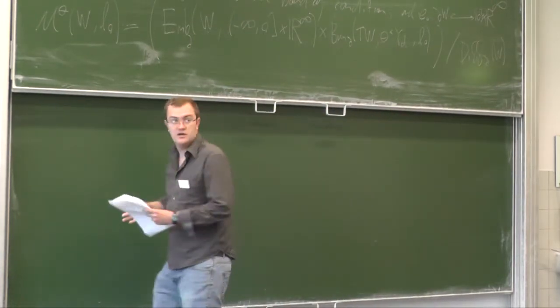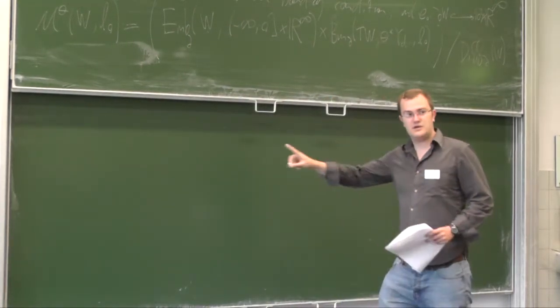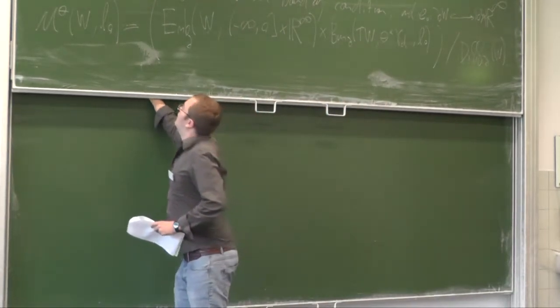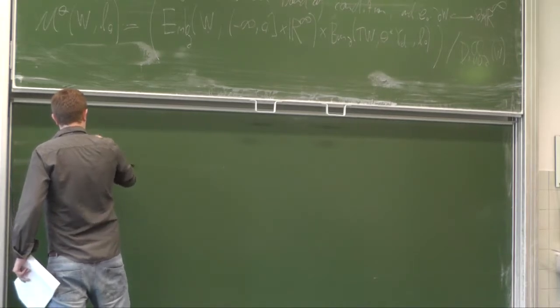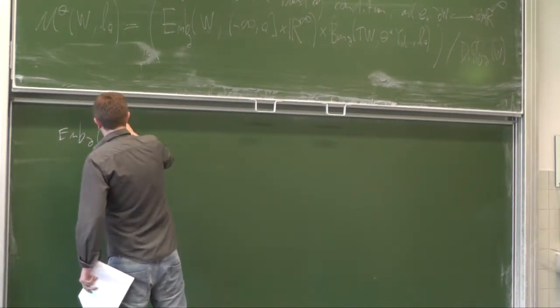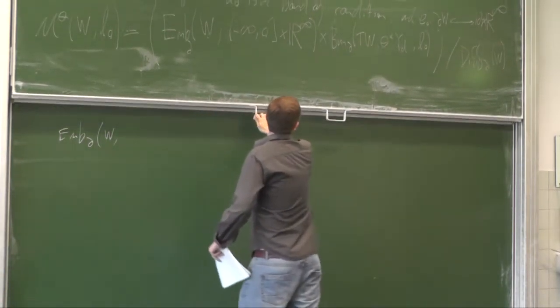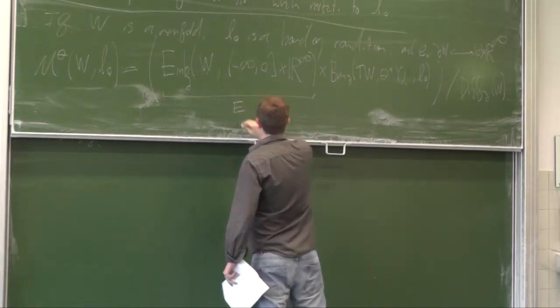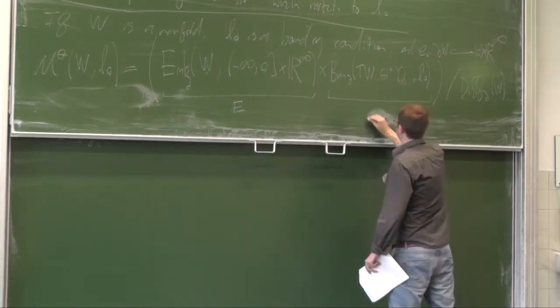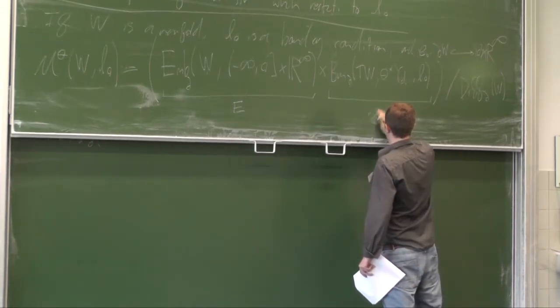So, diffeomorphisms which are the identity on the boundary. I'm just going to write that now. So here it's the embedding space. For the next couple of boards, let me just shorten this to E, and shorten this to 1.